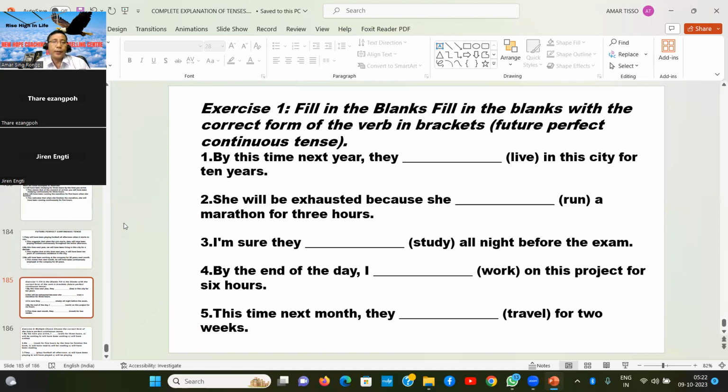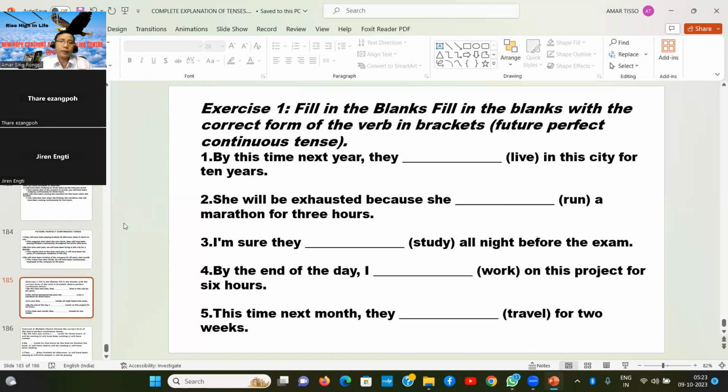Okay. 3 hours. Number 3, Jiren. I'm sure they will have been studying all night before the exam. Okay. Number 4.